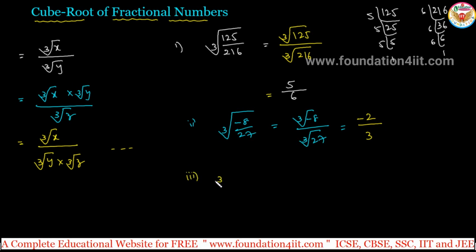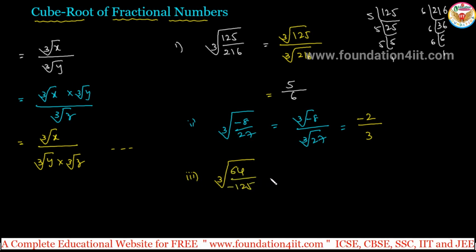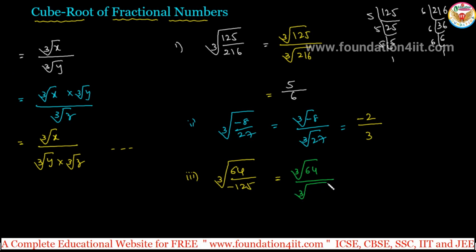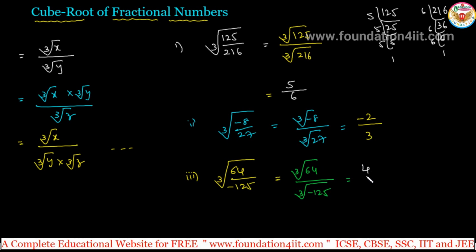If the question is cube root of 64 divided by minus 125, then cube root of 64 by cube root of minus 125. Now cube root of 64, this is 4 into 4 into 4, right? So 4 it is.